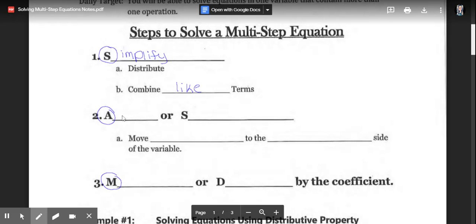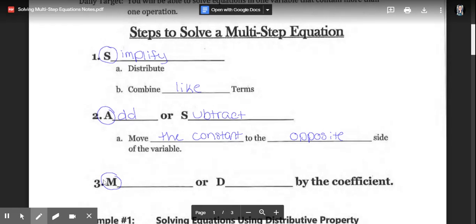Step number 2, we need to add or subtract. And what I mean by that is we need to move the constant to the opposite side of the variable. These two steps here will be like solving a two-step equation.